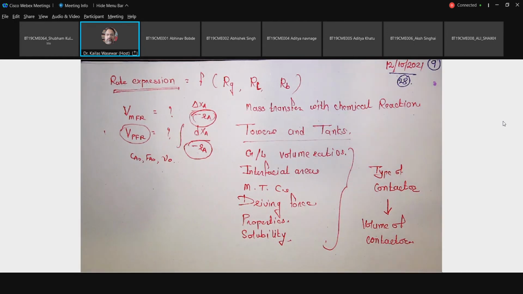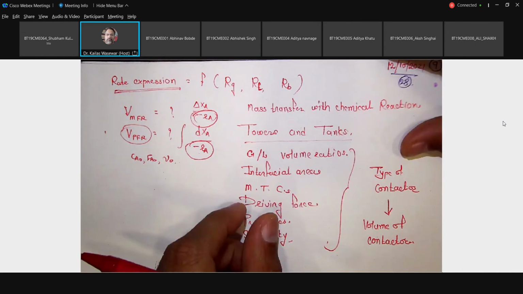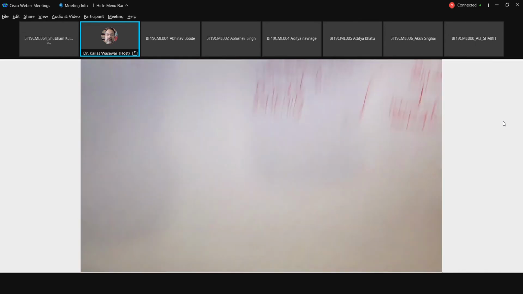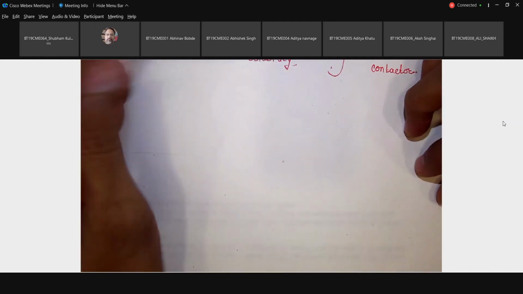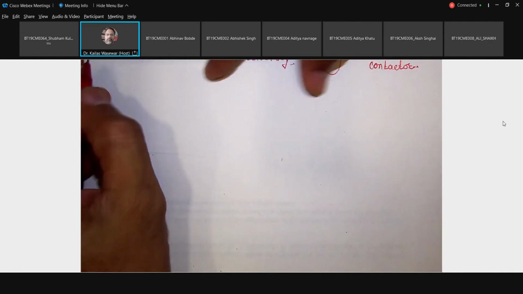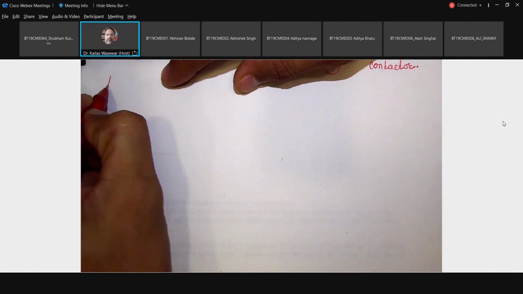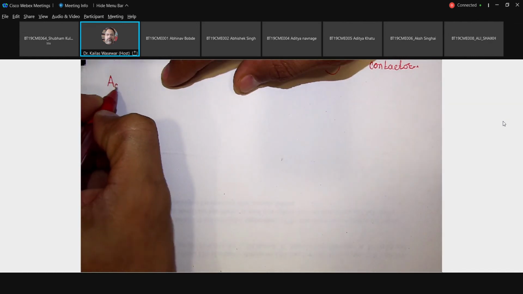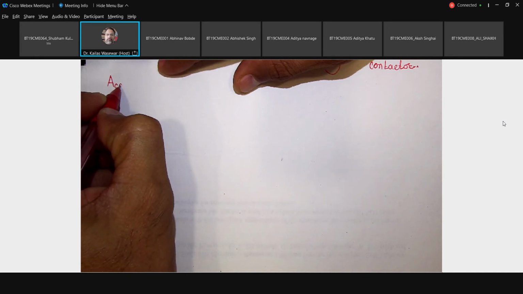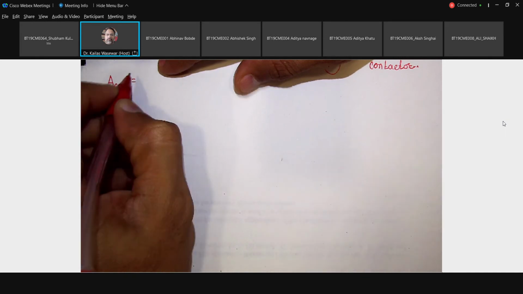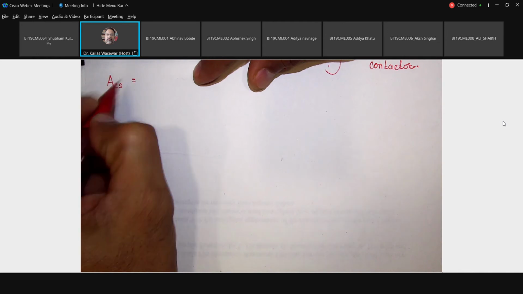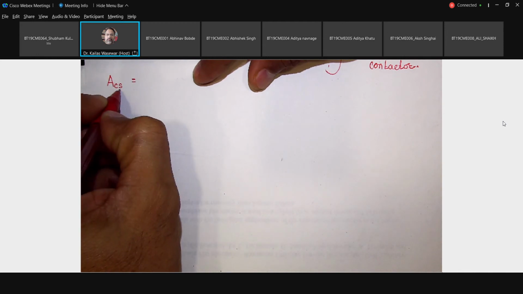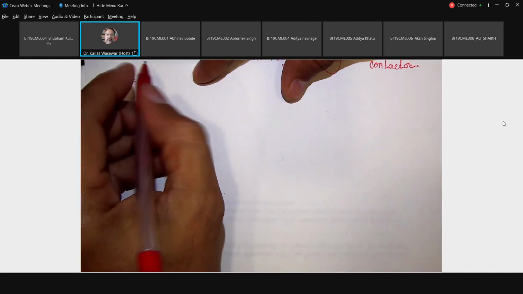So again, here are a few nomenclature items. If you recall your absorption studies that you did in mass transfer, there are various parameters or standard nomenclature. ACS: earlier we used S for surface area, so ACS is the cross-section area of the column.